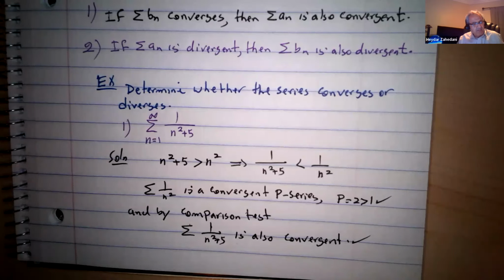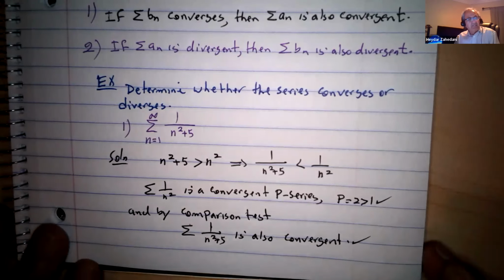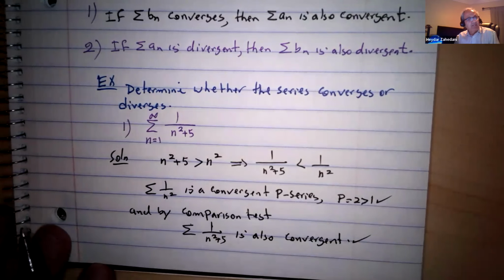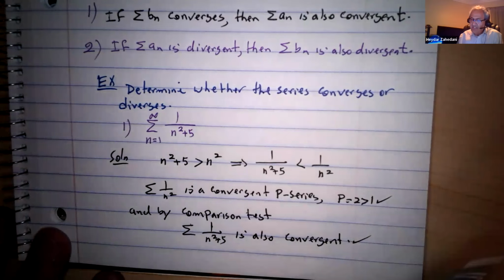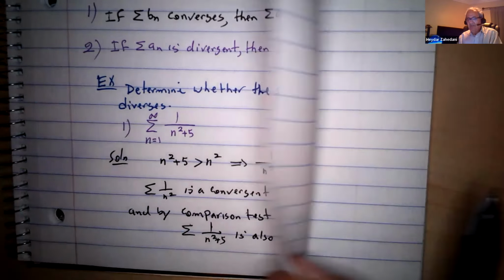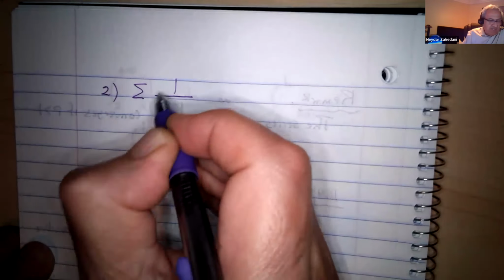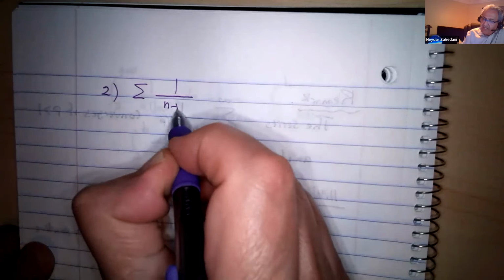Okay, so let's check another one to see how we're going to get this series. So you know it's going to be something like P series, so we can compare them together quickly to get the result. And we change it to the limit comparison test, which is much easier. Let's have another one. The other one is going to be this series, sigma of 1 over n plus radical n.